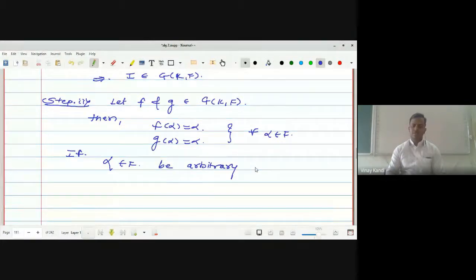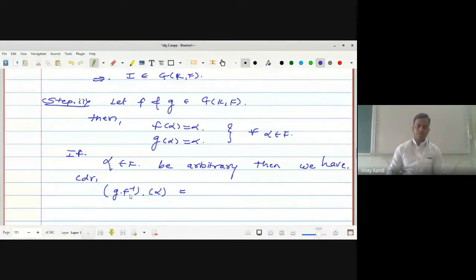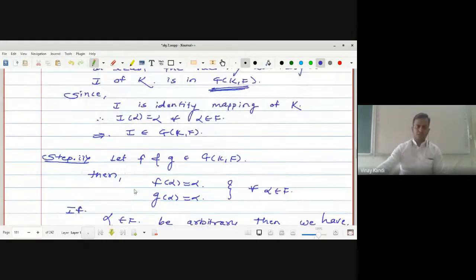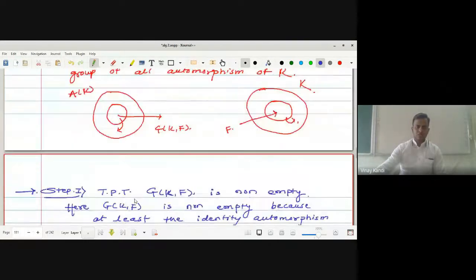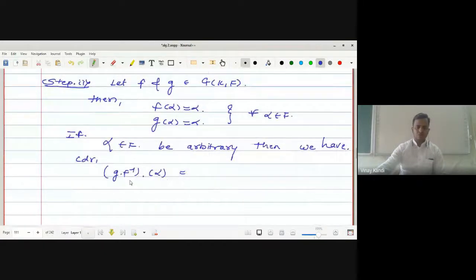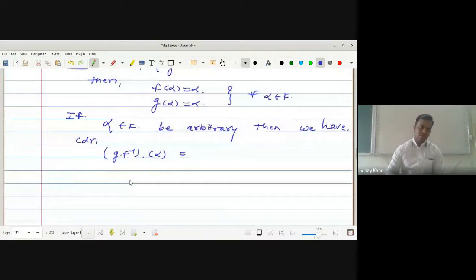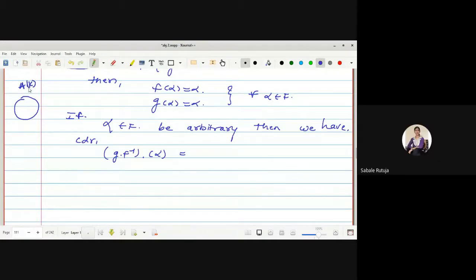Now consider this g composed with f inverse. The mapping of alpha, okay, f inverse exists because f inverse belongs to the set A(K). A(K) is your group, the composition group, meaning the inverse exists.